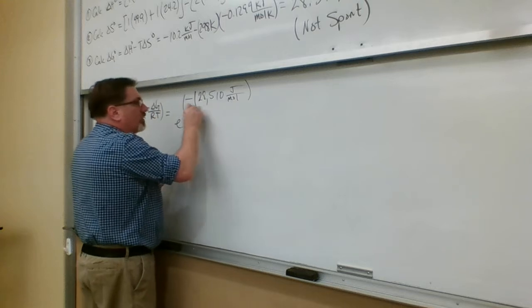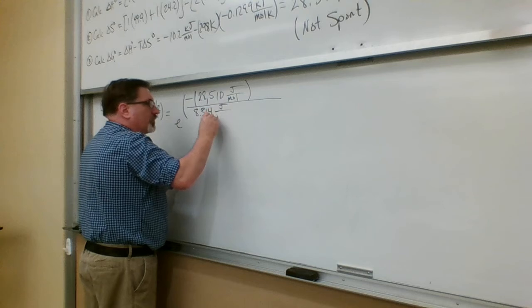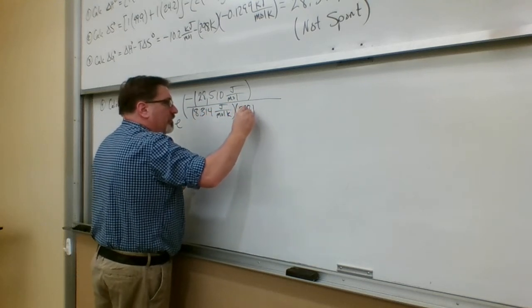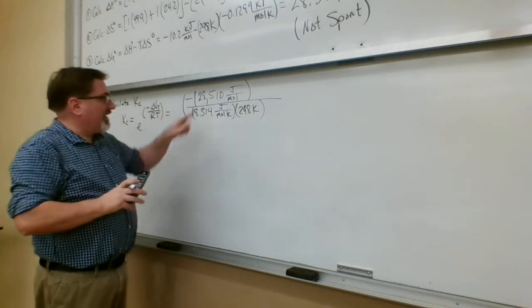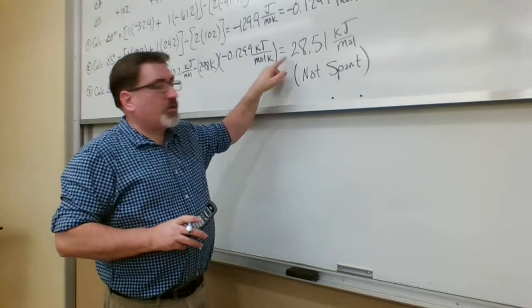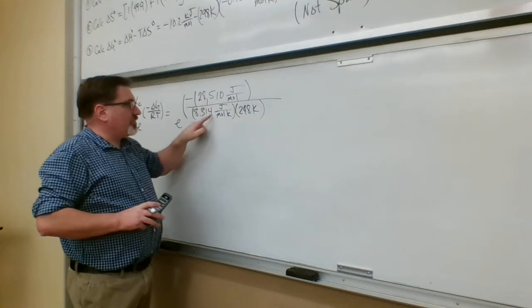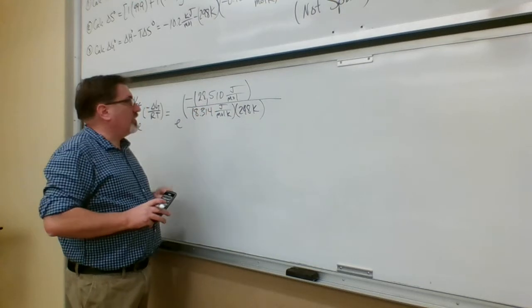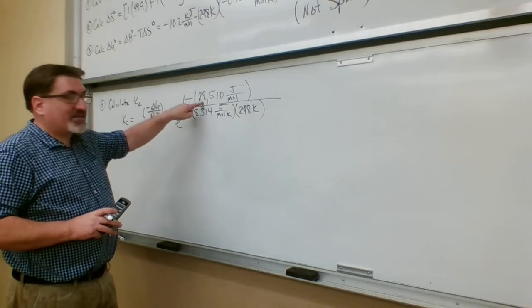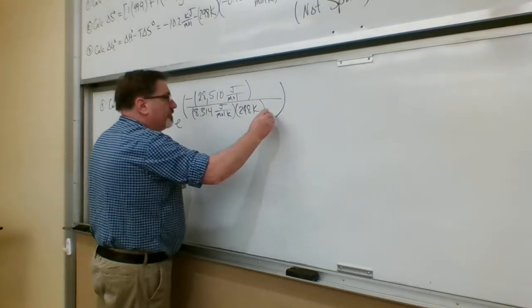That way my R units work out. 8.314 joules per mole Kelvin times 298 K. Again, I changed the 28.5 kilojoules per mole, my delta G, to joules so that my units worked out on the R down below. This negative stays because it's part of the formula. I'm not flipping the sign on this.